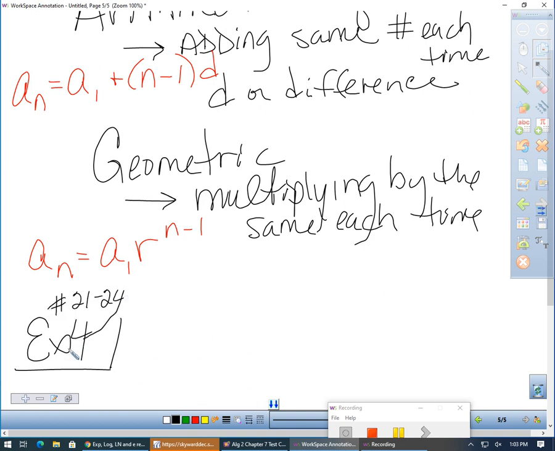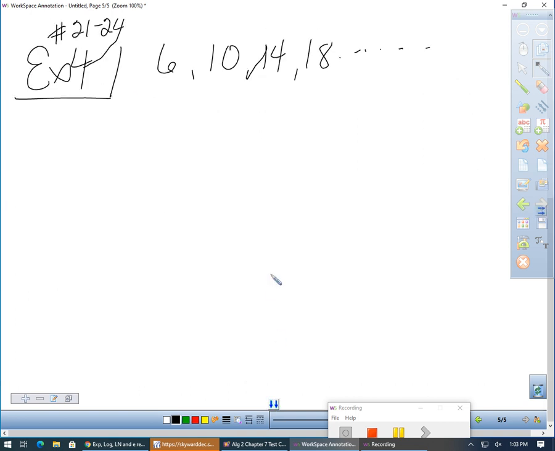Let's say you have the sequence 6, 10, 14, 18, and so on. I want you to find several things for me out of here. For part A, what's the common difference? 4, I agree. It equals 4.